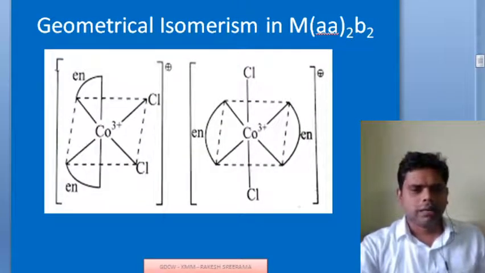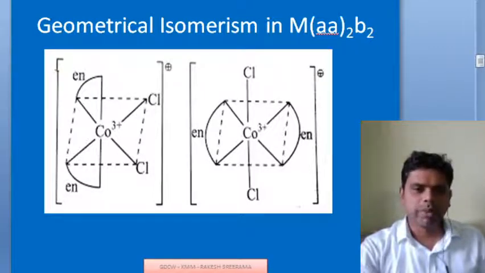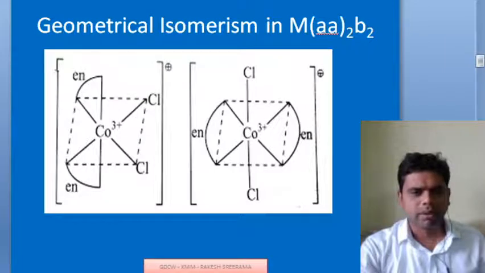Now let us see geometrical isomerism in the MAA twice B2 complex, where AA indicates what? A bidentate ligand with similar ligating sites, and B is a different ligand from AA.